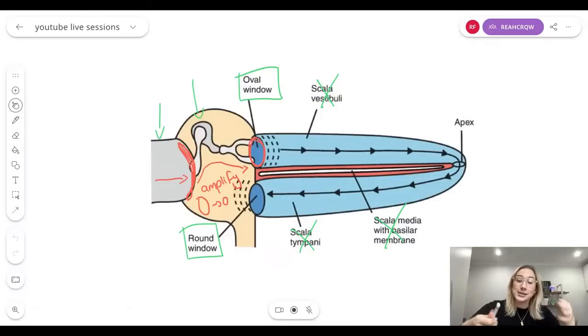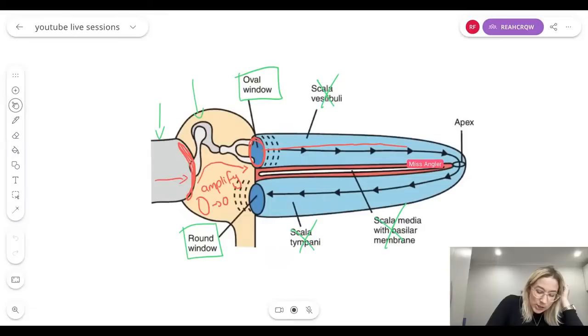That generates a pressure wave in the fluid that is inside the cochlea, and your sound travels through that top portion of the cochlea. And embedded in the cochlea, sitting here, is the most important receptor for hearing, which we must also know according to the guideline.